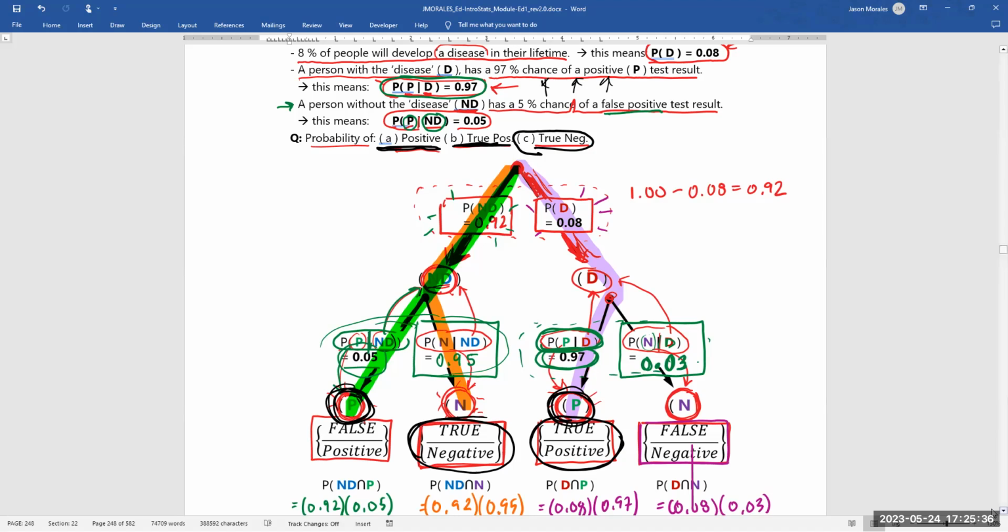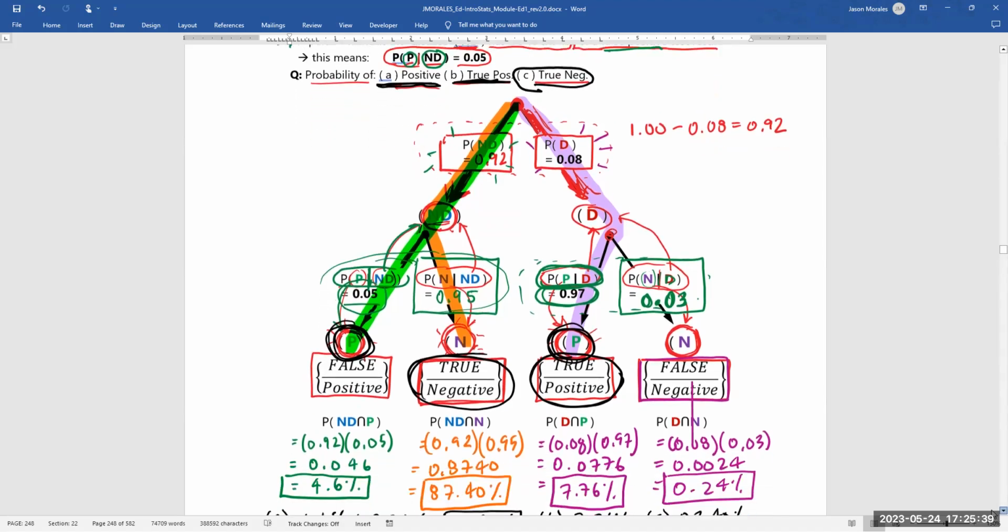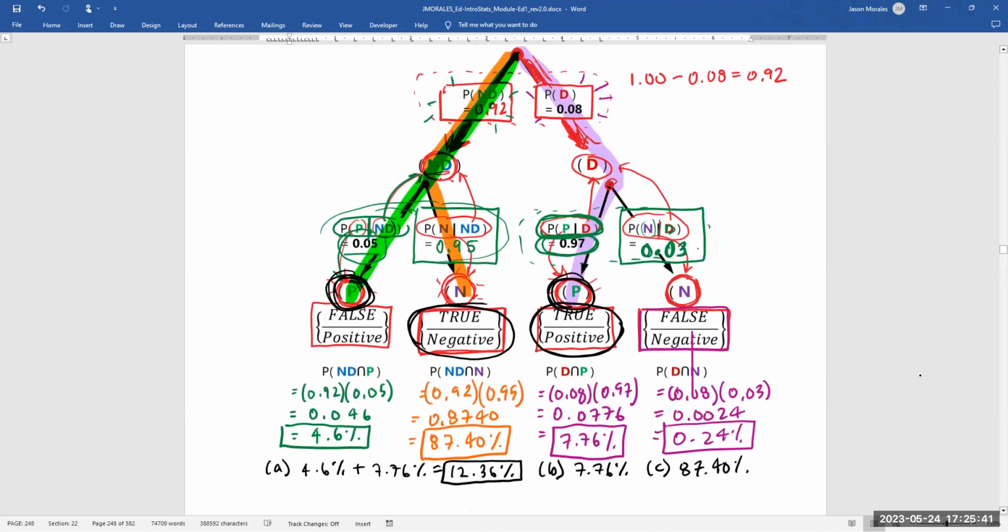But when you actually calculate the probability, what's the probability of having a true positive? Getting a positive test result and you have the disease, it's only 7.76%. So what that means is, even if you take a test for disease and you test positive, you want to take that test again.